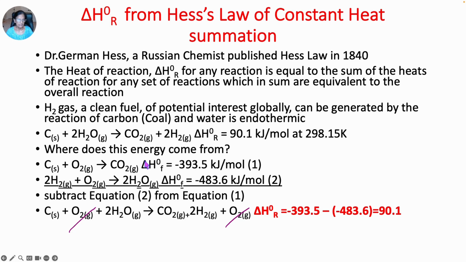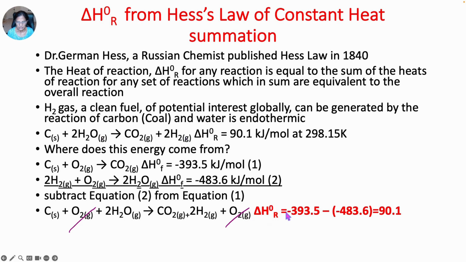So that is what Hess law is. If we get equivalent equations, then we can sum up the heats of reactions also. Now here let us subtract the heat of reaction for the second one from the heat of reaction of the first equation. Then we will arrive at the delta H0 value for this reaction for the production of hydrogen.